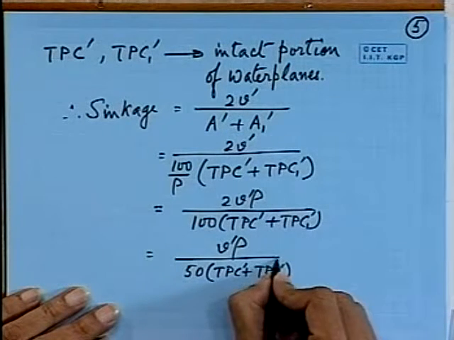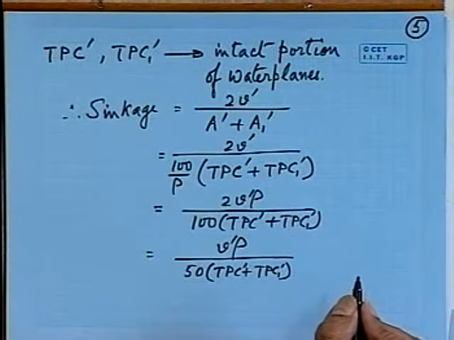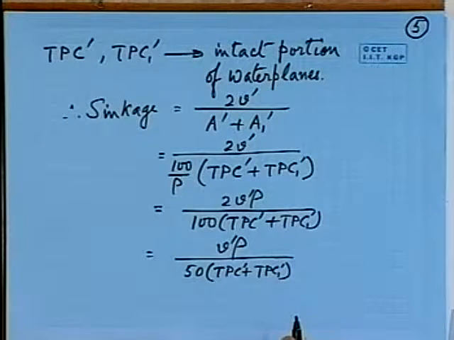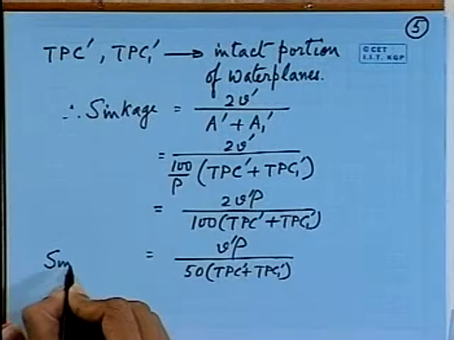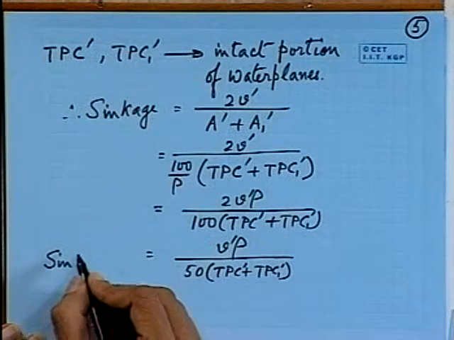Now how are you going to calculate this TPC prime and TPC1 prime? Of course, you have to calculate from the water plane areas. So this is your sinkage, or sometimes this is also called parallel sinkage.